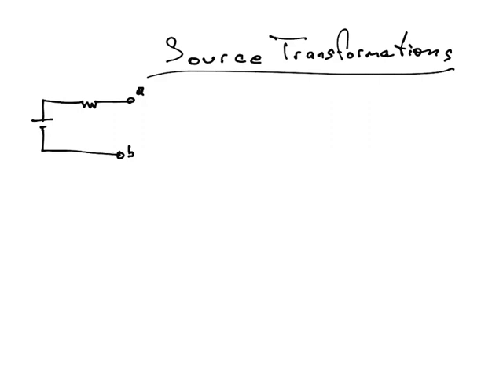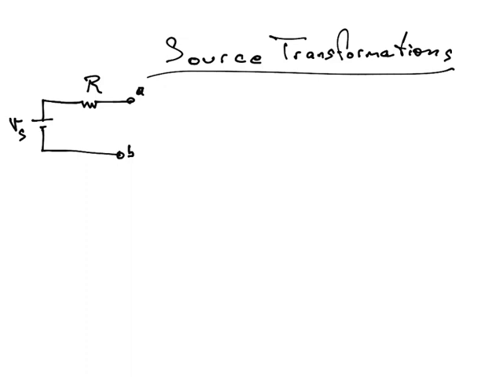We'll call these terminals A and B, but there may be other parts of the circuit connected over there. I'll call this the resistor, and this will be my voltage source. It turns out that there's a way to manipulate this to create a current source and a resistor connected to these terminals that would behave the same way as the voltage source with the resistor.